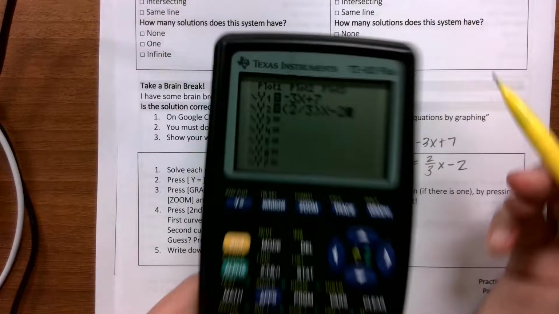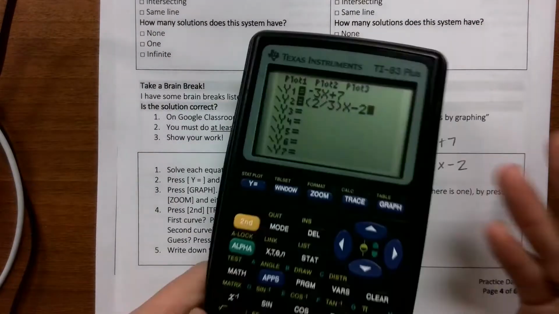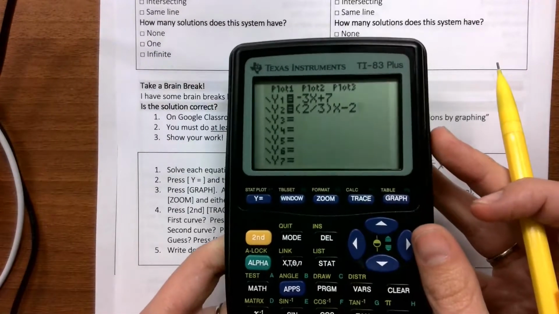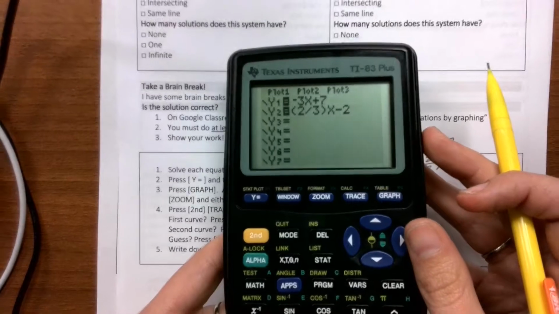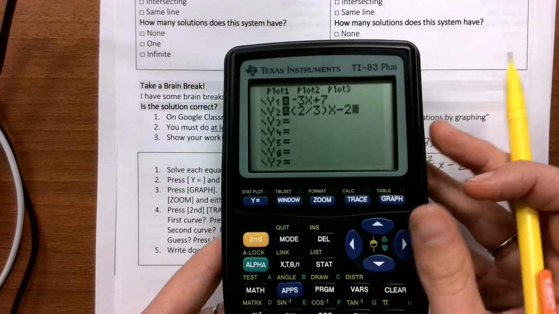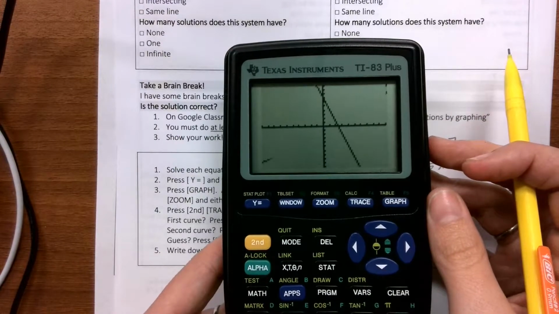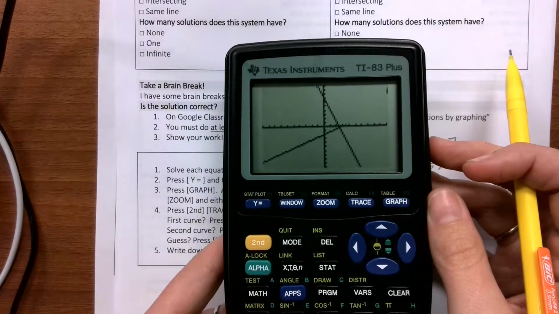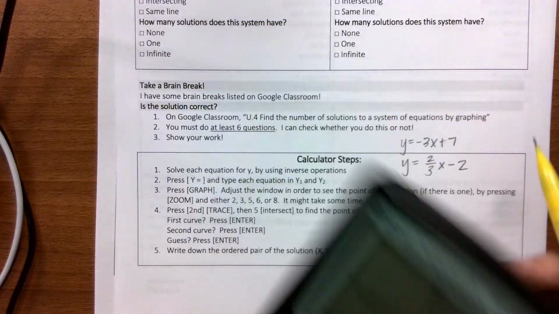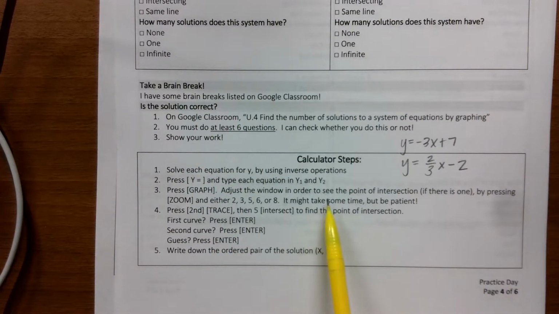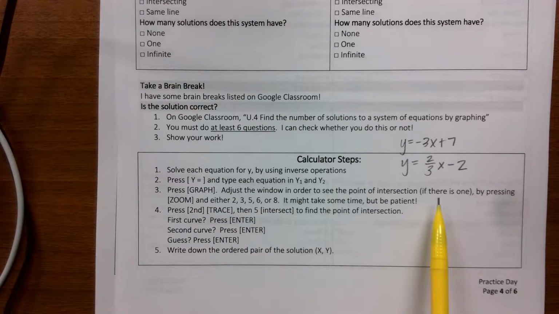If you don't get this, all of these steps are right here. You're going to put your y1 and your y2 in your graph. Push graph. It says to adjust the window to make sure that you can see the point of intersection if there is one. You might have to adjust your window.